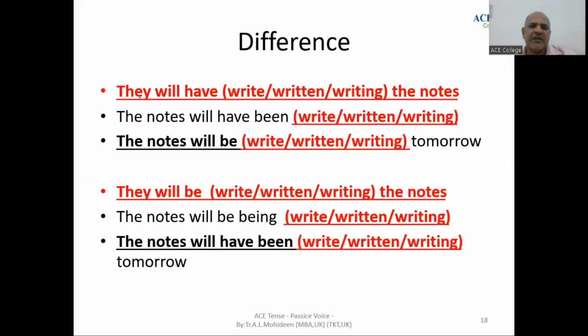So what about this one? They will have. This is a person. They will have, automatically fifth form: written. They will have written notes. The notes will have been written, because notes is an object, so you need a fifth form.